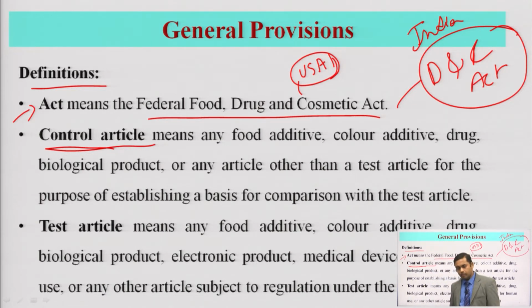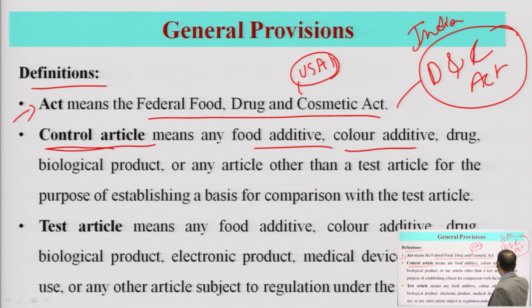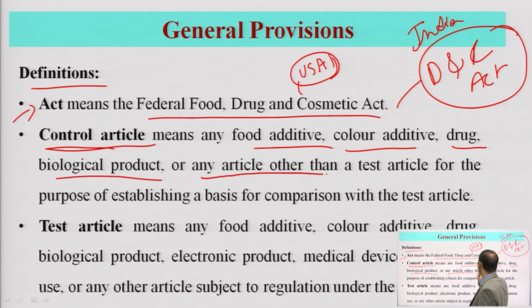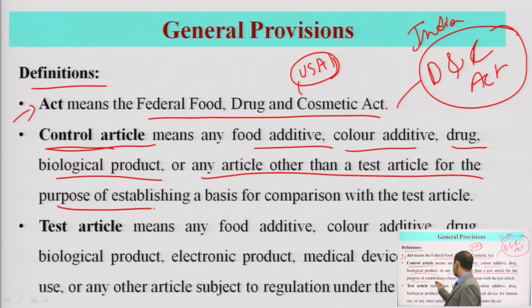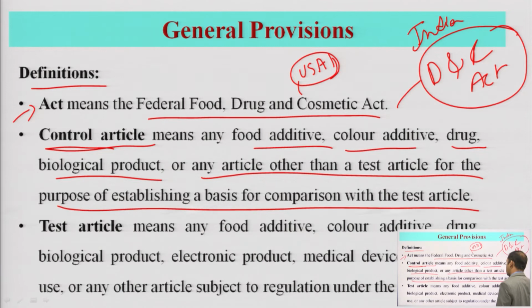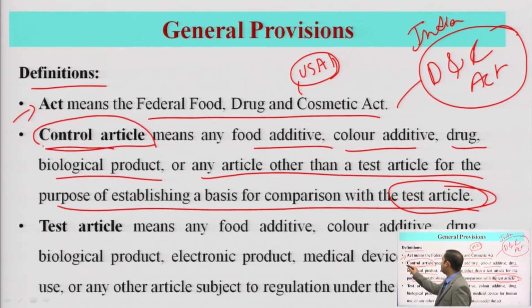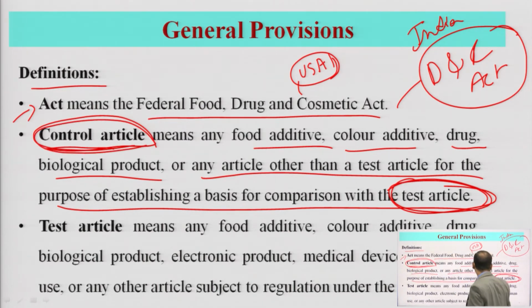Control article: if you see the original GLP document prescribed by WHO, in some areas you will observe the term control article. It means any food additive, color additive, drug, biological product or any article other than the test article, used for the purpose of establishing a basis for comparison with the test article. Control article versus test article.